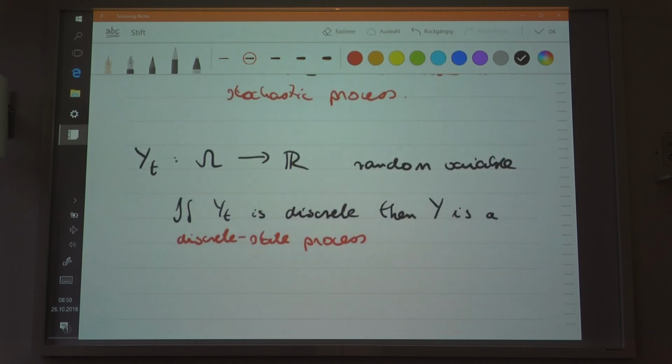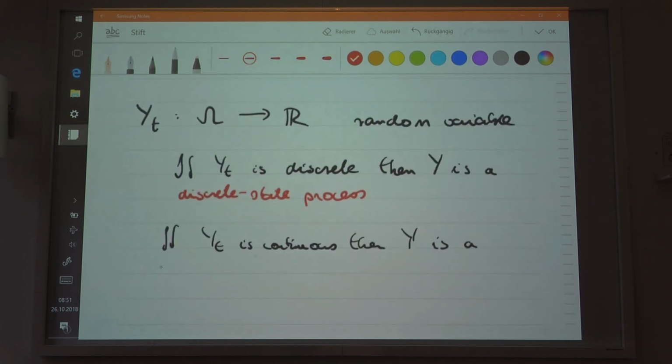And of course, if Y_t is continuous, if the random variables that you get when you fix the time are continuous for all elements of the time, then the stochastic process is a continuous-state process.